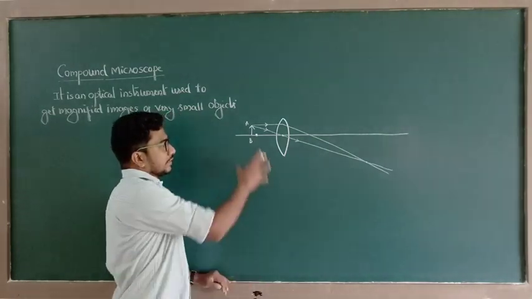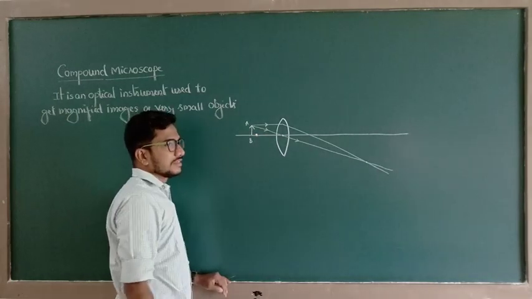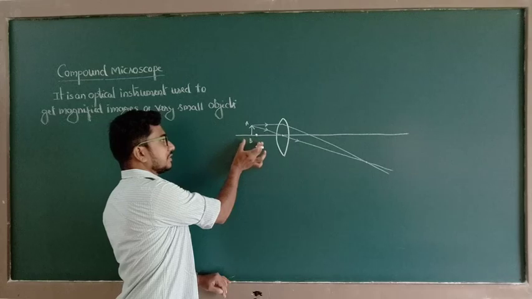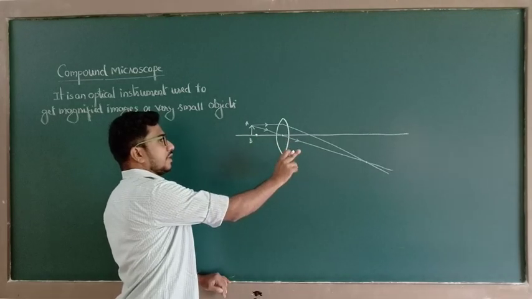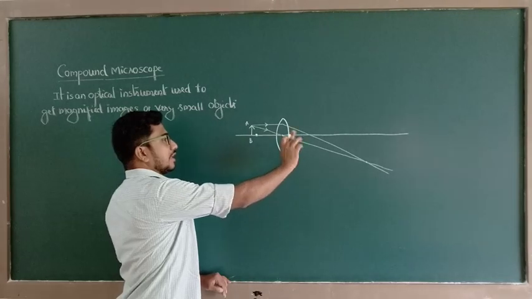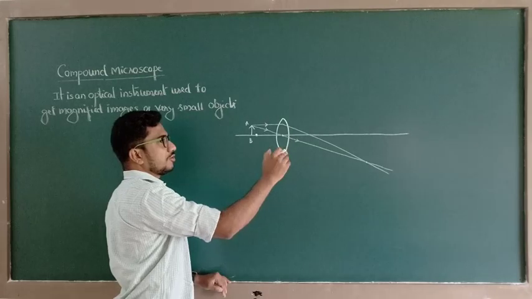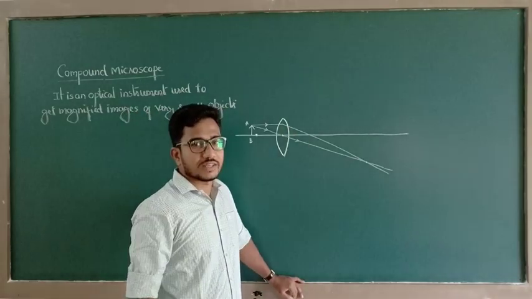We know that in the case of a convex lens, when the object lies between the principal focus and the center of curvature, a real inverted magnified image lies beyond the other center of curvature, that is, beyond 2F.